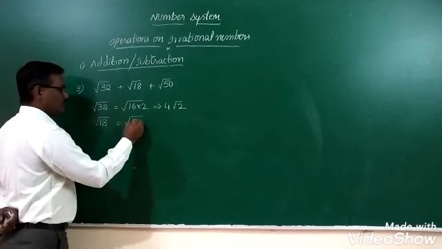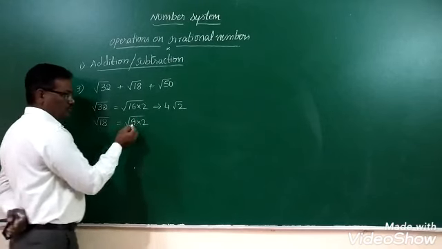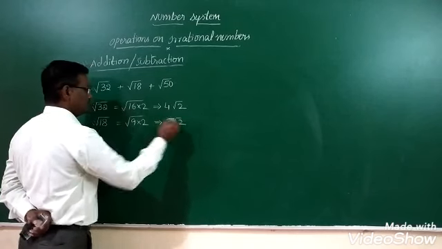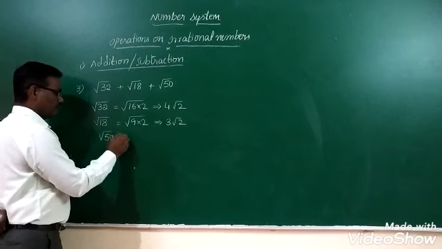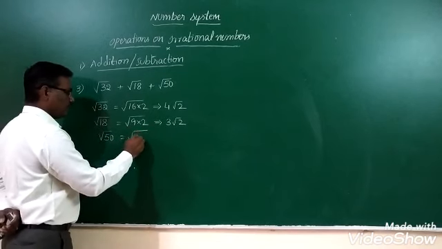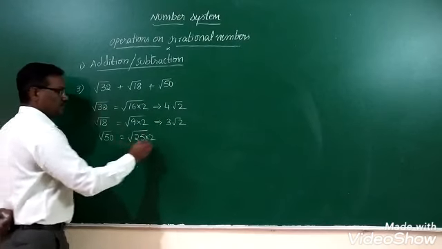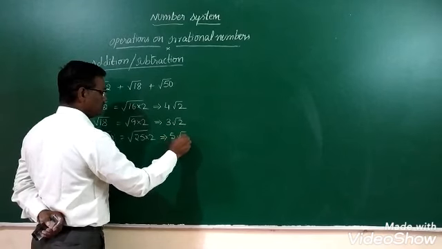This can be root of 9 into 2. 9 times 2 is 18. Root 9 value 3 root 2. And root 50. This is root of 25 into 2, 25 times 2 is 50. What is root 25? 5 root 2.